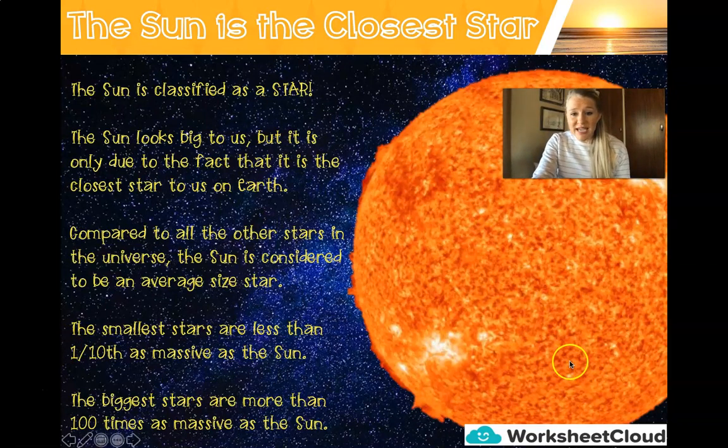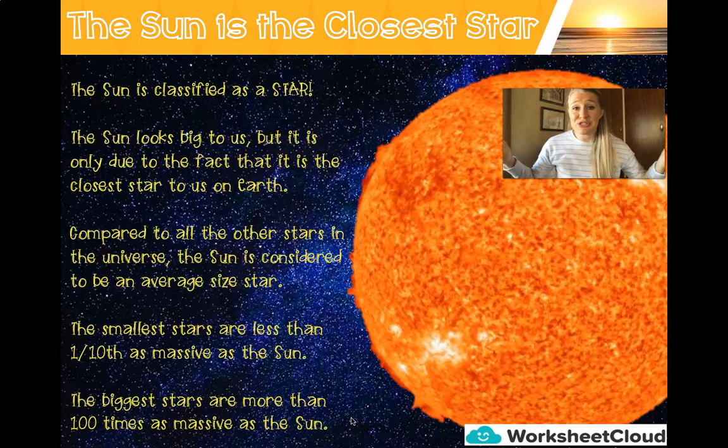So if you take the sun and cut it up into 10 pieces, so now we're introducing a little bit of fractions, and we only take one of those little pieces, some stars are as small as that one piece. Whereas on the other side, the biggest stars are more than 100 times as massive as the sun. We take our sun and we times it by 100. Can you imagine how big that star would be?